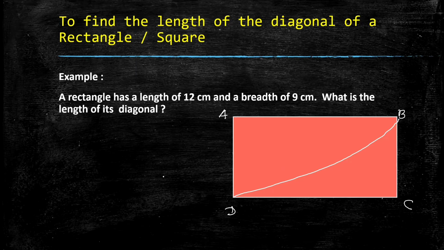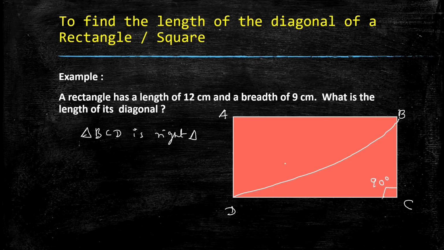Now if you see this triangle BCD, triangle BCD is a right angled triangle. It's a right triangle because we know that all the angles of a rectangle are 90 degrees. So we have a right angle triangle.